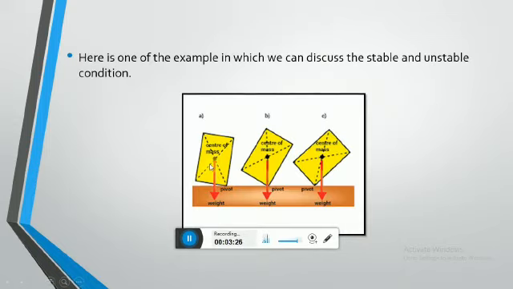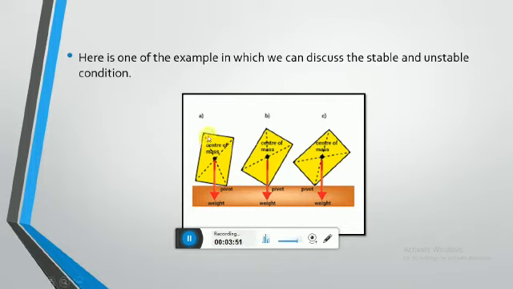Look at the figure. Here is the best example through which we can understand the stable or unstable condition of an object. Figure A: here we have a rectangular object. You can consider a book or a block. We have a center of mass or center of gravity here.